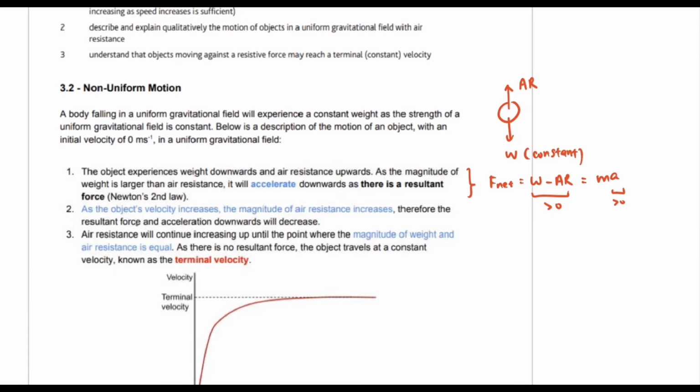So as the object's velocity increases, imagine this object is accelerating, and hence it's getting faster and faster. When it's faster and faster, the magnitude of air resistance increases. So air resistance is affected by velocity.